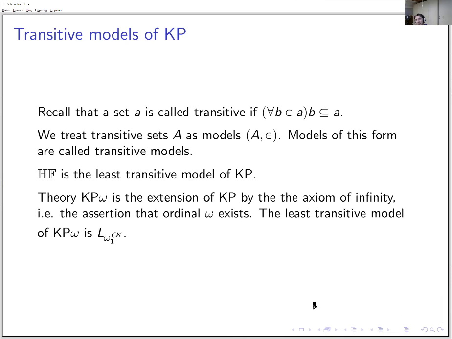For people that are familiar with the recursion theory of pi11 sets, the proof goes as follows. Suppose we have a failure of collection in L omega 1 Church-Kleene. What would it mean?